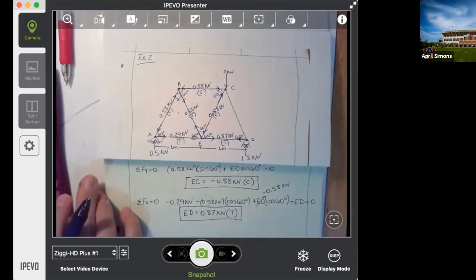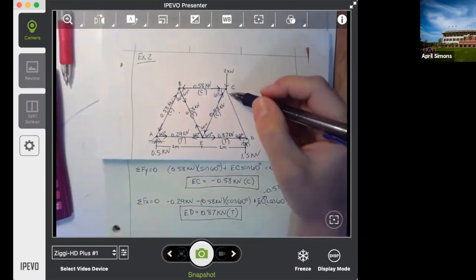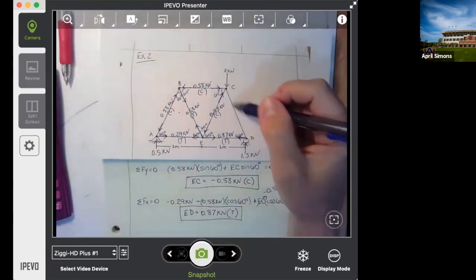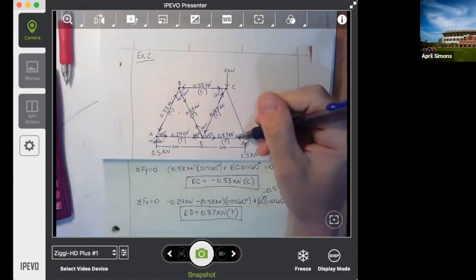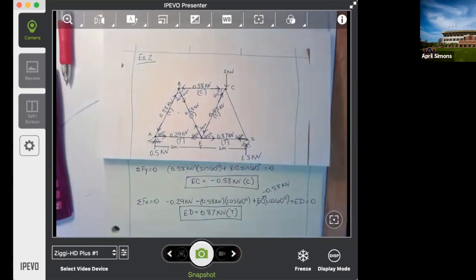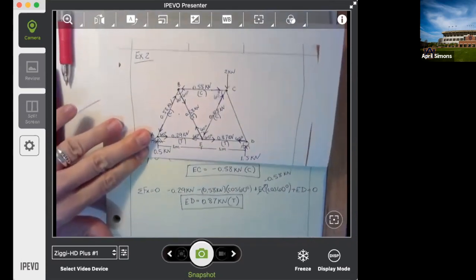All right, the last thing that we need to do is solve for CD. We could look at joint C, which has 3 applied forces, 1 unknown, or we could look at joint D, which has 2 knowns, 1 unknown. So let's look at joint D here.